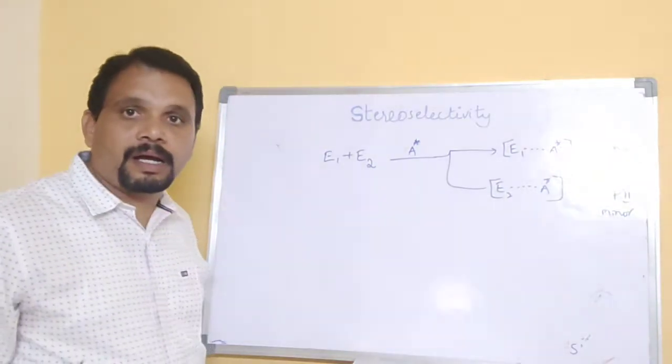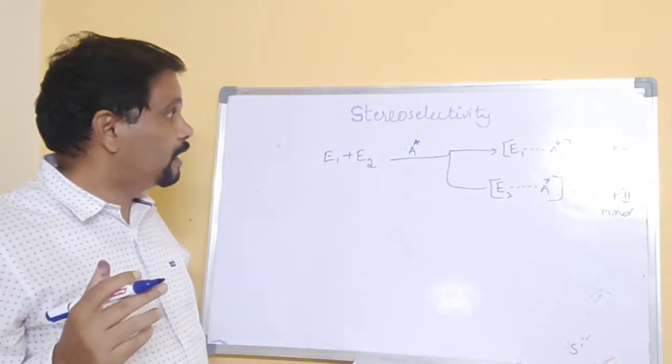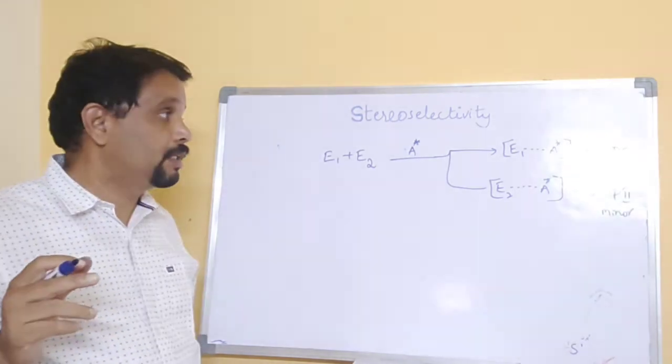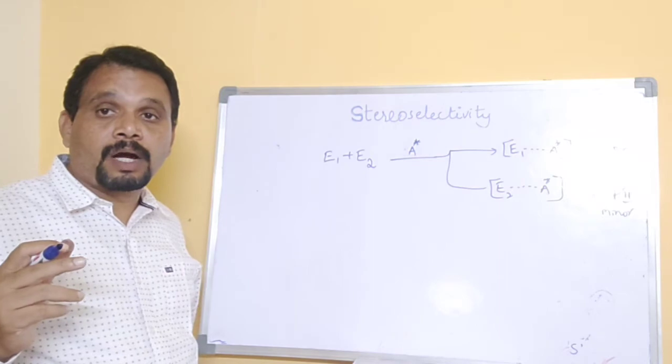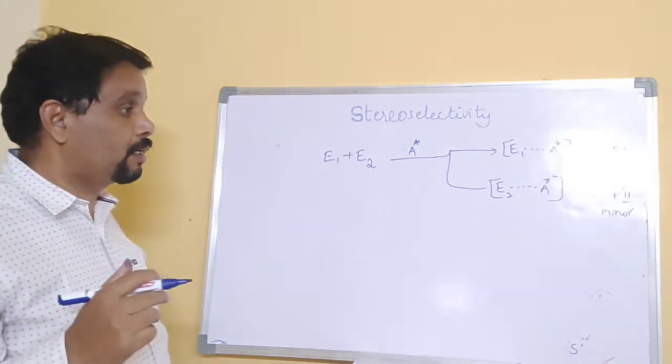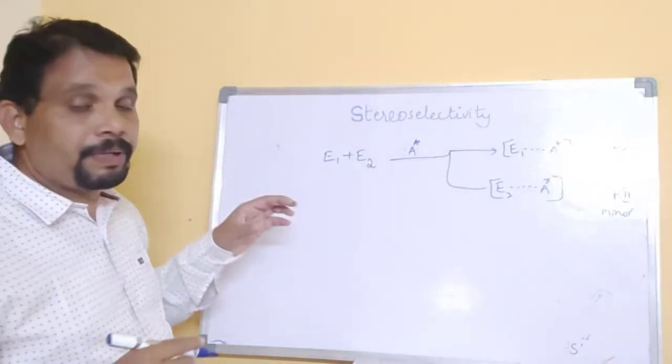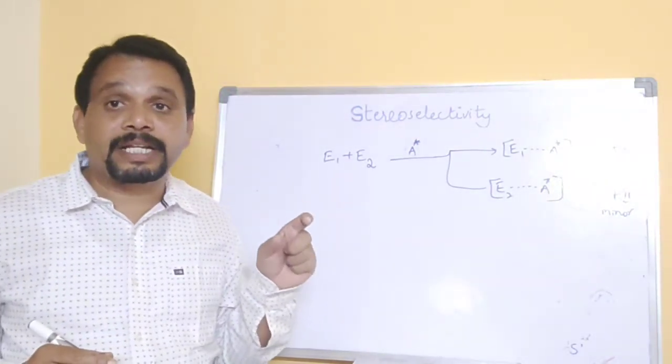So I am explaining why substrate enantioselectivity takes place, how we can give reasons for that, based on the transition state energy levels.